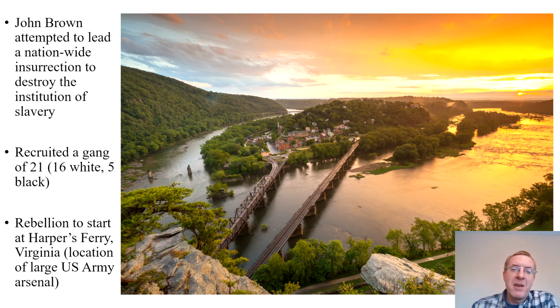Now, this is a beautiful photograph, and I love how it covers the geography of the area. Harpers Ferry is actually a peninsula section of Jefferson County, Jefferson County being named after, obviously, Thomas Jefferson.